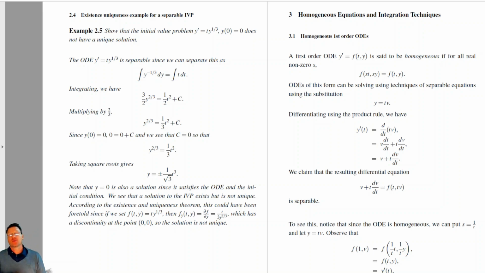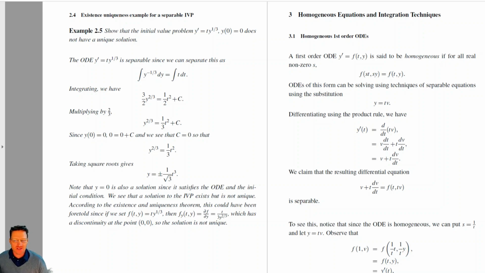Your second step is to actually solve the resulting ODE using the techniques we discussed below. That would be to set a letter v and say y is equal to t times v, or v is equal to y divided by t.